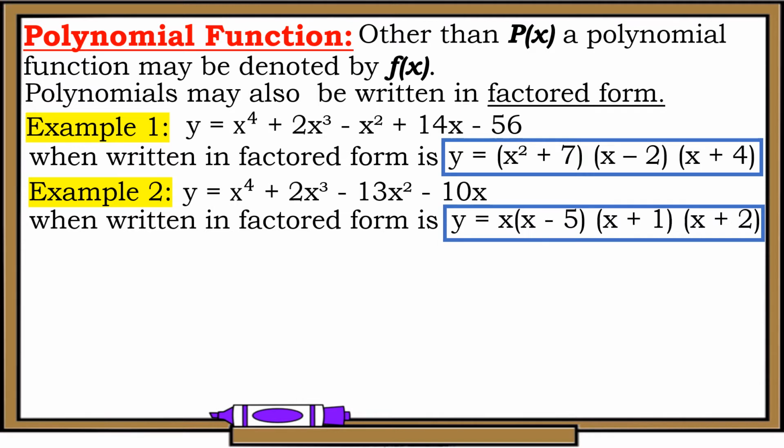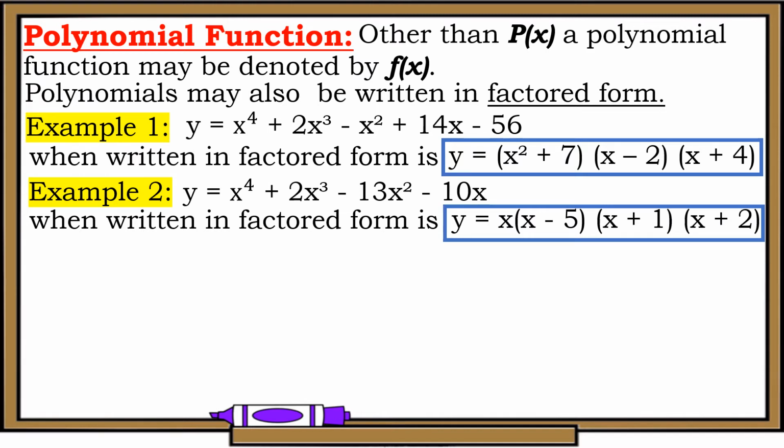So therefore, there are 4 factors. Ibig sabihin, the polynomial is of the 4th degree. Kung yan naman ay nakaayos sa standard form, kitang-kita kaagad natin na ang highest exponent ay 4. Kung ano yung highest exponent, yun ang nagsasabi kung ano yung degree ng polynomial.